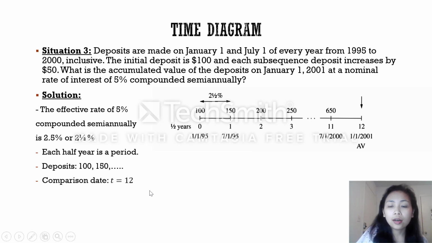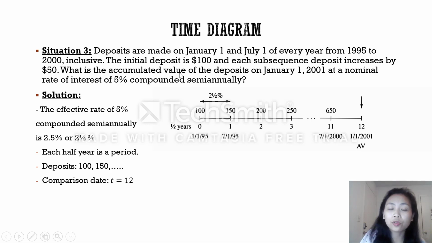Okay. And we have one more thing to pay attention to. The question said, what is the accumulated value? Usually if the question asks for accumulated value, that means at the end, at the last time on the timeline. If the question asks for present value, it is actually asking for time 0.